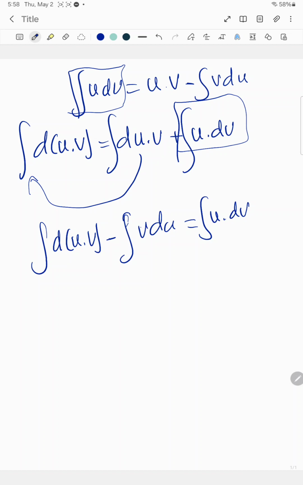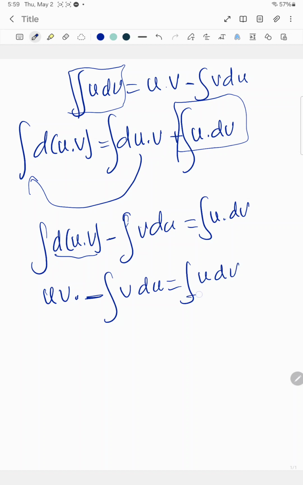But I know the integral is the antiderivative. So the antiderivative is before the derivative. So before the derivative, the derivative of uv is uv. So the antiderivative of this is uv. So it becomes u times v minus the integral of v du is equal to the integral of u dv.